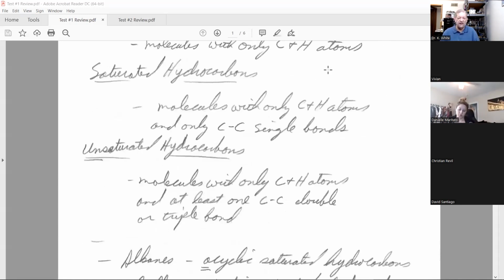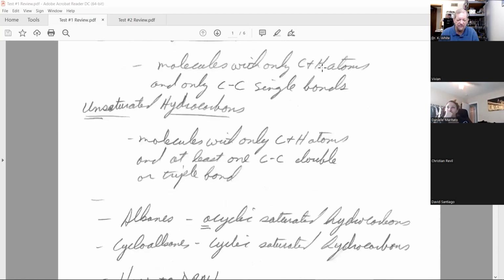A saturated hydrocarbon is a molecule with only carbon and hydrogen atoms and only carbon-carbon single bonds. Unsaturated, like you learned about unsaturated fats, means an unsaturated hydrocarbon is a molecule with only carbon and hydrogen atoms and at least one carbon-carbon double or triple bond.